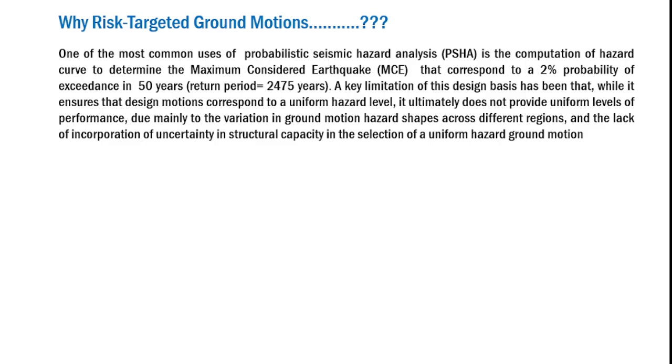This is essentially because the ground motion hazard shapes vary from one geographical region to the other, and also these design motions do not take into account the uncertainty in the structural capacity. This means that we need to look into some basis that provides us the design ground motions considering both the hazard as well as the collapse probability of the structures.